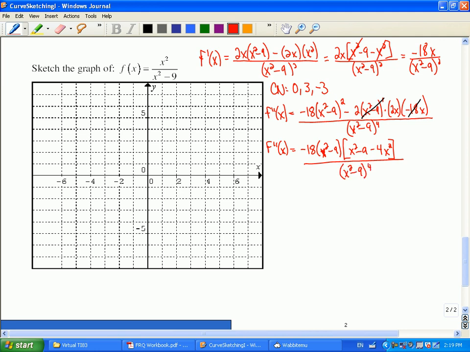Okay, so now's the time to collect up your like terms. X squared minus 9. And I'm going to have, let's see here. That'll be negative 3x squared minus 9.